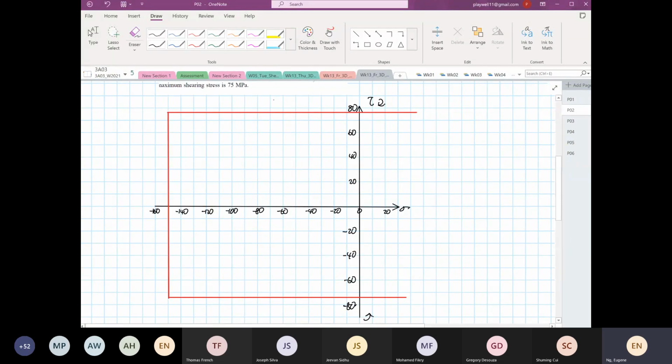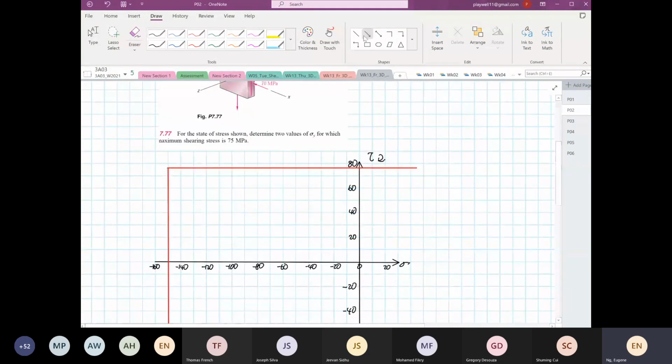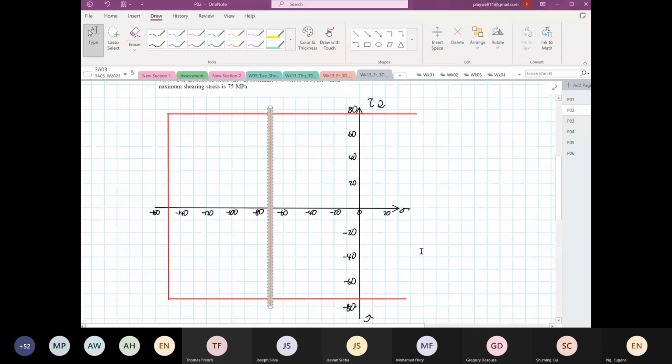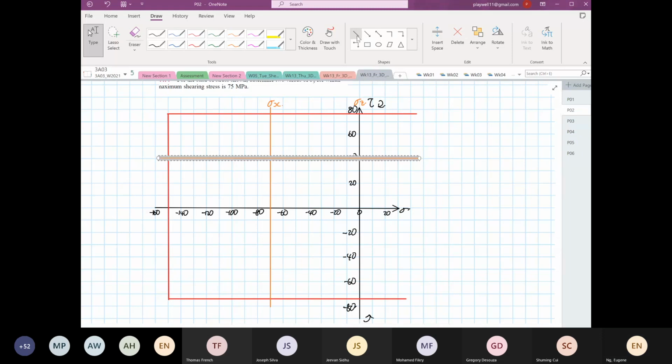So again the stress X is at 70. This is our stress Z. And then we have our shear, and our shear is at 40. So there is our 40 line, and next is our 40 line.